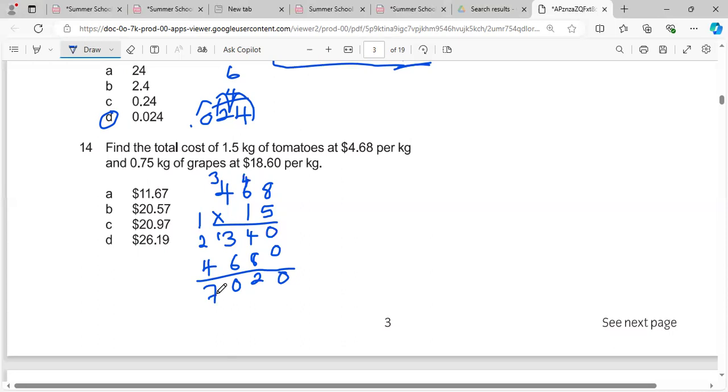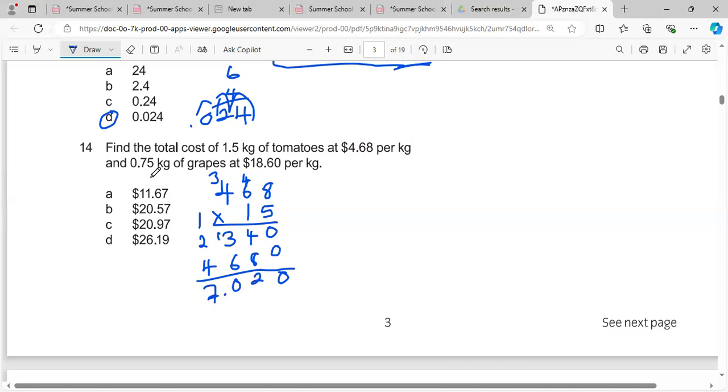Makes sense, right? Because if 1 kilogram costs about $4.68, then it would cost about $7 for 1.5 kilograms because it doesn't reach 8. If you add, it would probably give you $9 something, right? Because this costs 50 cents. So $7 makes sense.